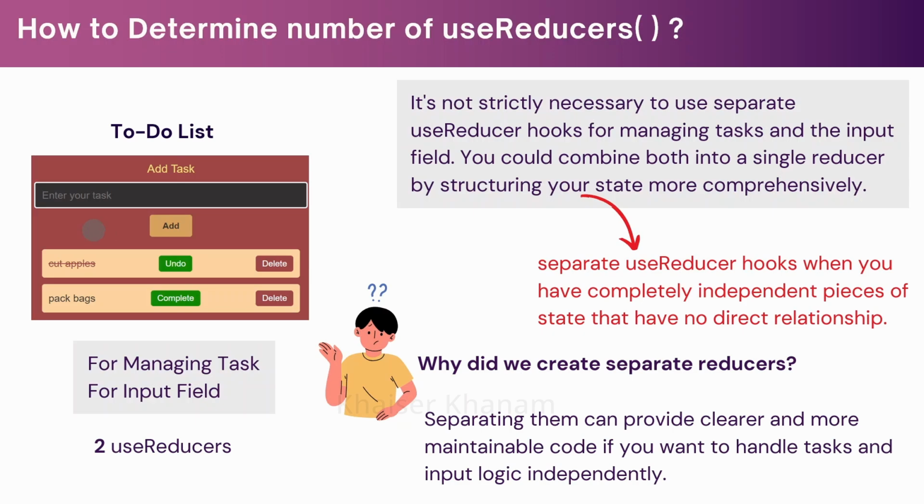Just imagine if we have multiple input fields. To manage all the input fields, we have created one completely different reducer so that they will not be dependent on any other state, and all the state updating logic will be present inside their own reducer function. That makes our code cleaner and easy to maintain.